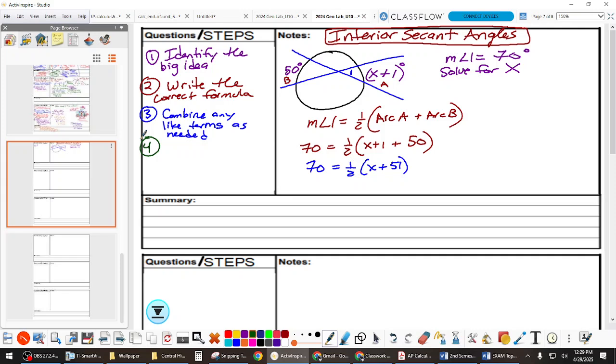My tendency is just to multiply by 2. I'll just put both in here. So we want to get rid of the 1/2.